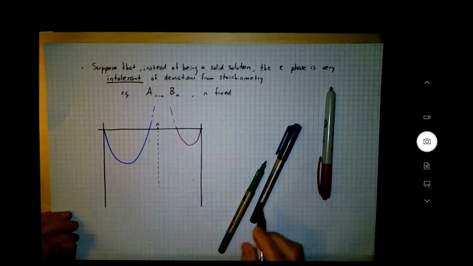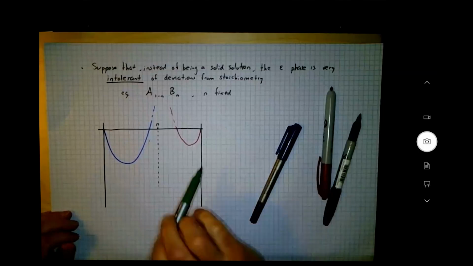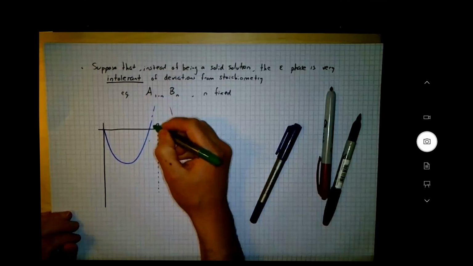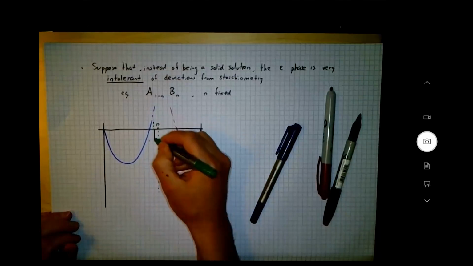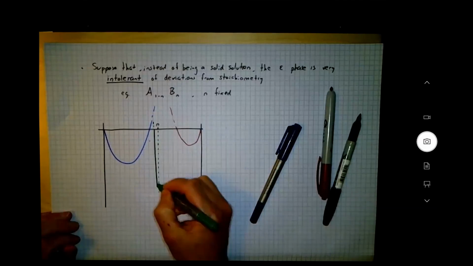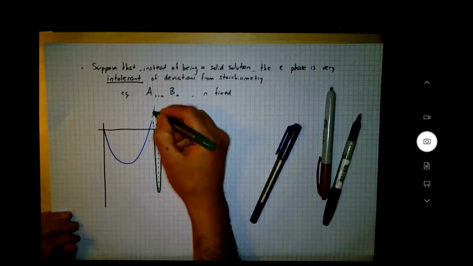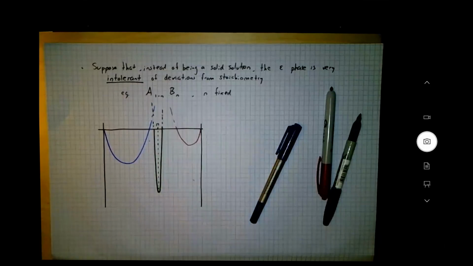That's that composition. And this solution model is going to look like this. What I drew is something that's really narrow.